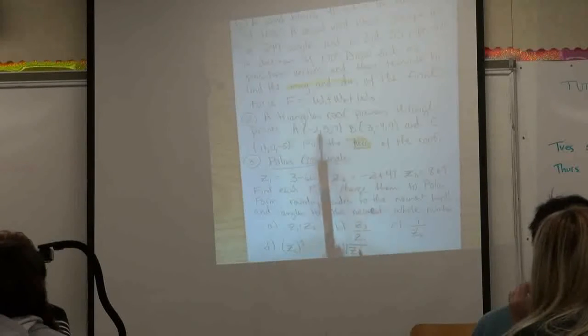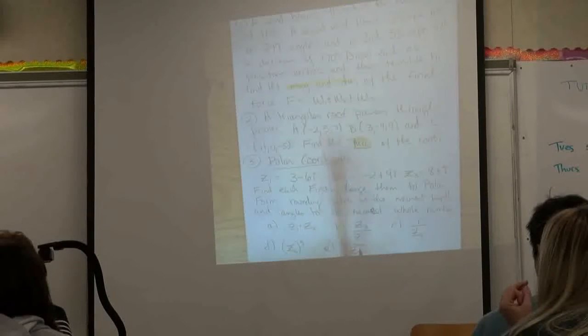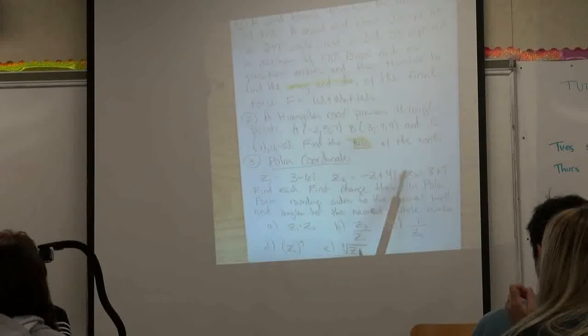The very first thing you have to do on this question is create what kind of vectors? Displacement vectors.